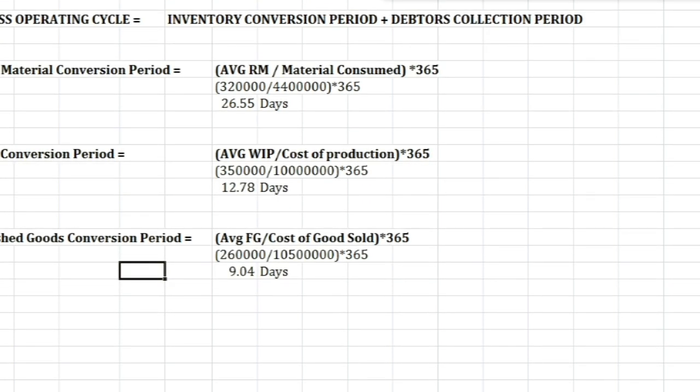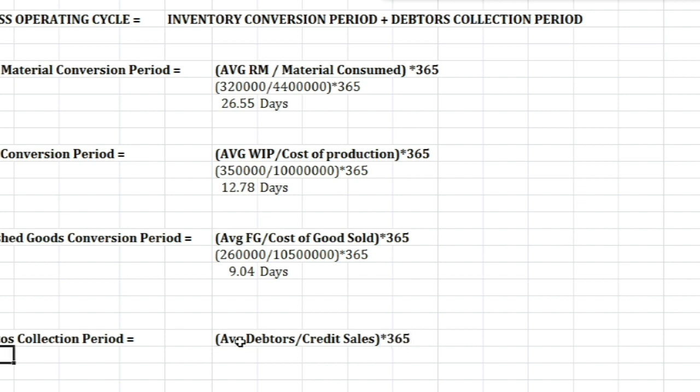So the debtors collection period is average debtors divided by credit sales into 365 days.